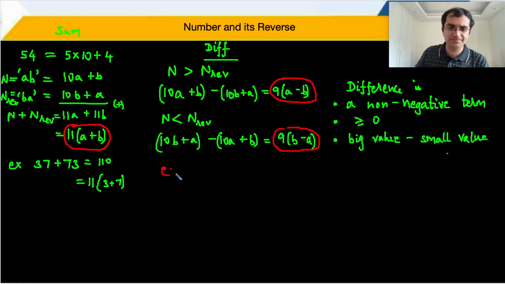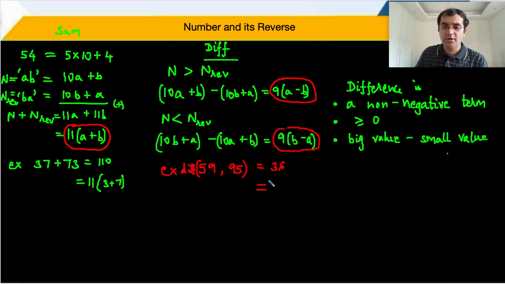For example, let's take a two-digit number 59, and the reverse is of course 95, and we go for the difference. Difference will obviously be big value minus small value. 95 minus 59 is how much? 36. Basic subtraction.